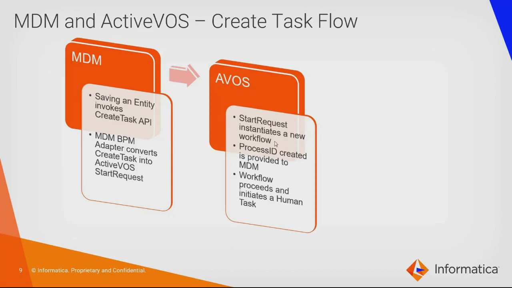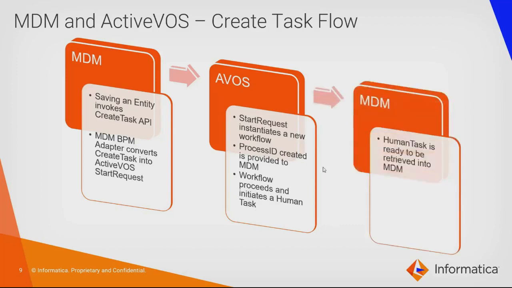Then after the process flows through the code and encounters a human task activity, it will instantiate another process, which is a system process for that particular task. After the task is ready on the ActiveVOS side, it can be retrieved and consumed by users on the MDM side.